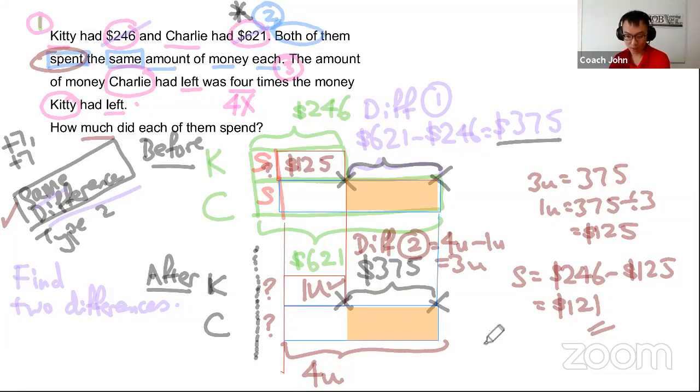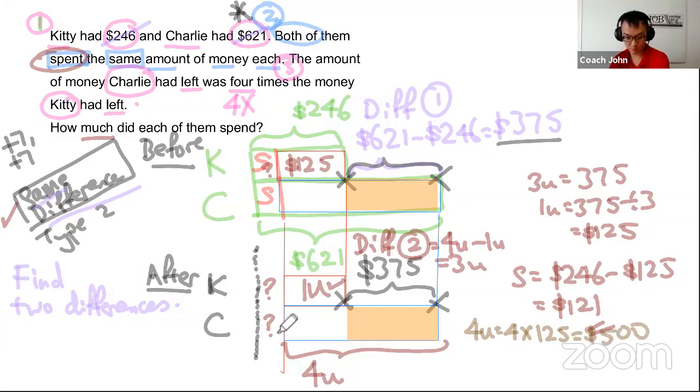Okay, so it's going to be a bit squeezy. 4u is 4 times 125, which is 500.